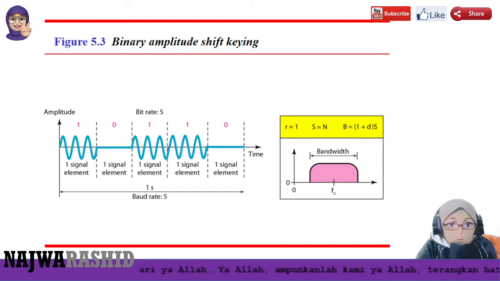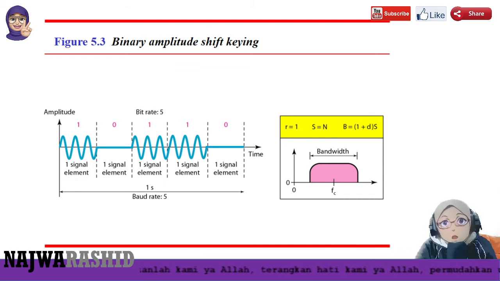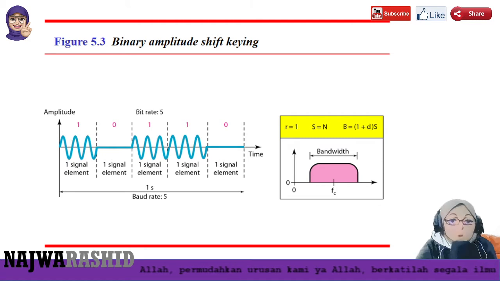Okay. The first one, we have the ASK, amplitude shift keying. Basically we use the binary amplitude shift keying. We have 0 and 1. When we talk about binary, we have 0 and 1.